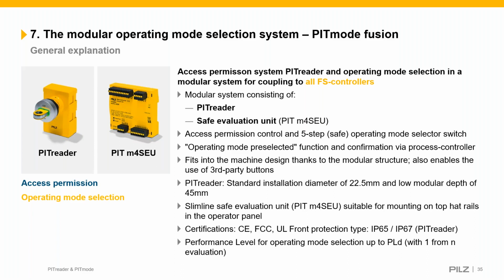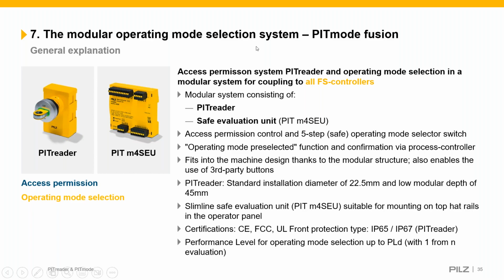So that's the membrane keypad that could either be our unit or it could be third party. It fits into the machine design thanks to its modular structure, and it also enables the use of third-party buttons. The PIP reader, as mentioned earlier, is a standard installation, slimline safe evaluation unit. Again, the IP protection we ran through and the performance levels up to PLd.